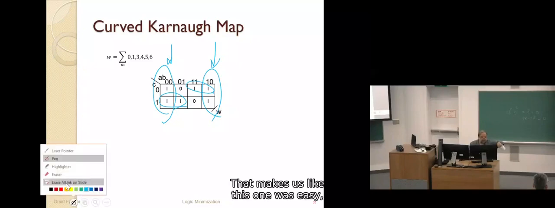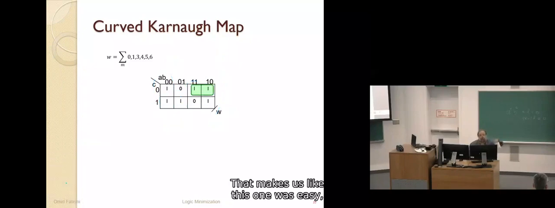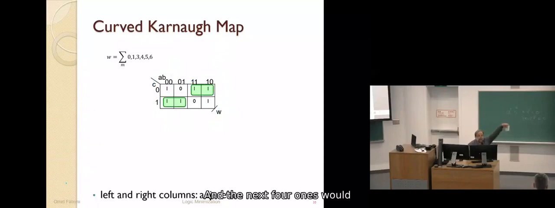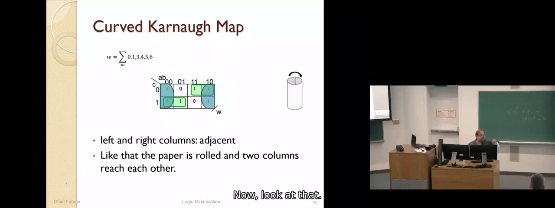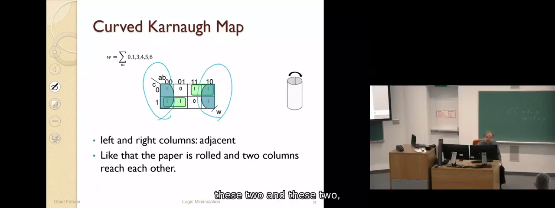And that makes us like, oh, this one was easy, this one was easy, and the next 4 ones would be circular, would be this. Now look at that. Then the 4 ones that we have here, these 2 and these 2, they are actually adjacent.